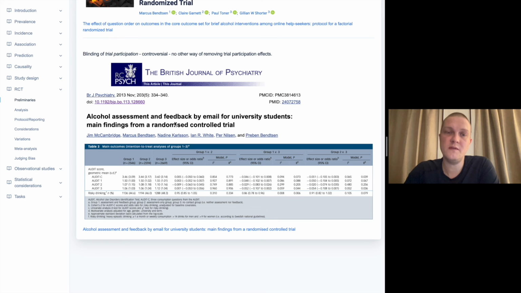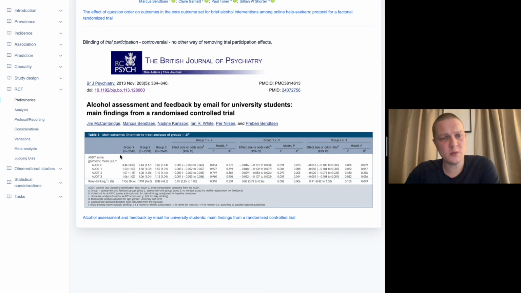We had to remove the fact that participants were aware that they were in a trial. And so what we did was we got email addresses of university students and we randomized them into 3 groups. The first group got an email with a link to a questionnaire or an assessment, and once they'd assessed themselves, they got feedback and advice for change. The second group got a similar email with a link, but they were only given the assessment and no feedback or advice. And the third group were not contacted.